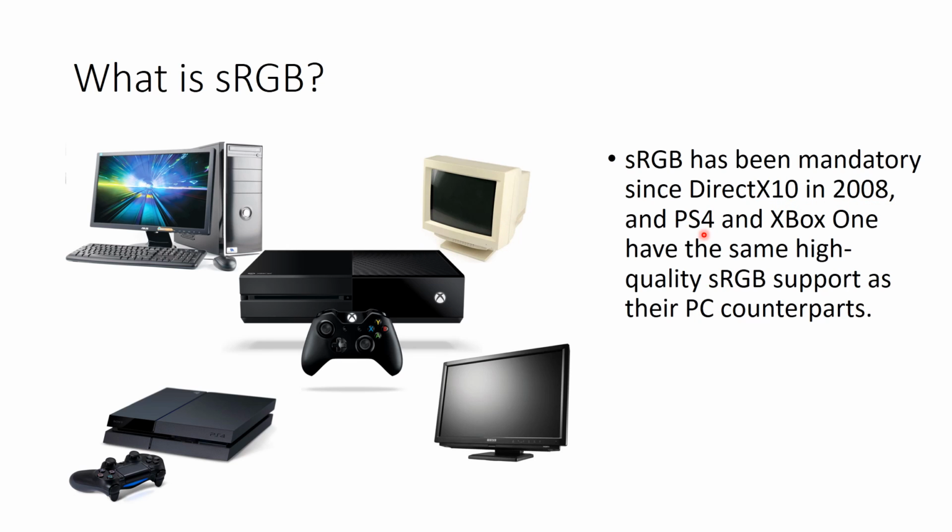But for example, PS4 and Xbox One have the same high quality sRGB as the current PC generation. CRT monitors and LCD monitors also support this standard. But even a CRT monitor that doesn't support it has some circuits that adapt all this stuff to work properly.